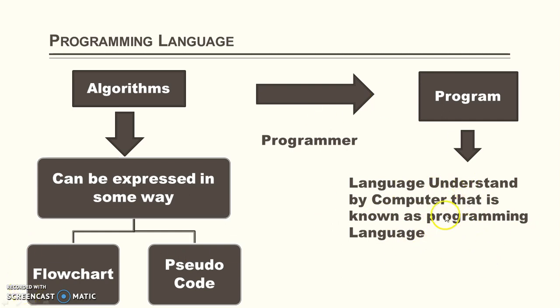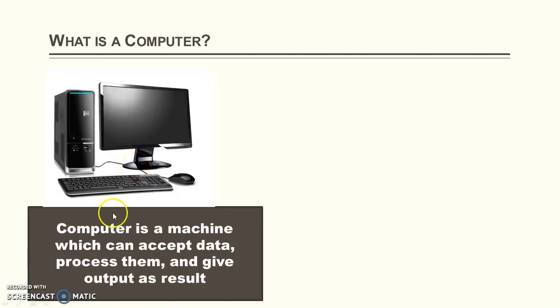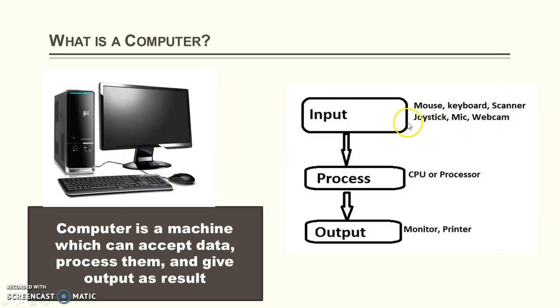Okay, now one question arises. What is the language that can be understood by a computer? In order to understand that, we have to look at the computer. That means we will discuss what a computer is. As we already know, a computer is a machine that will accept data as input, then process your data, and according to that it will give you an output.